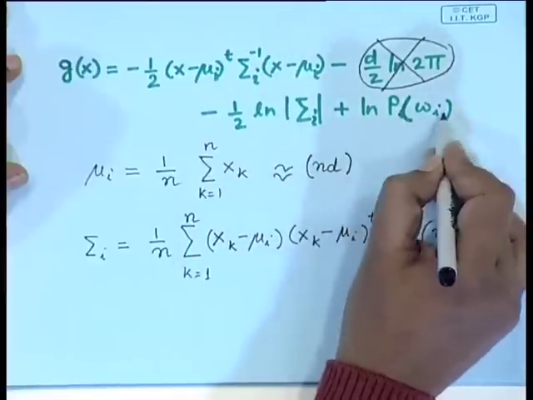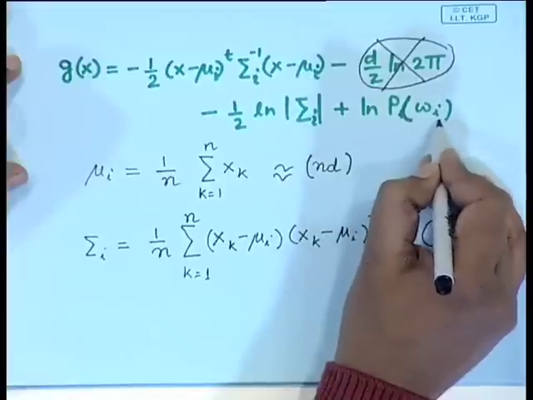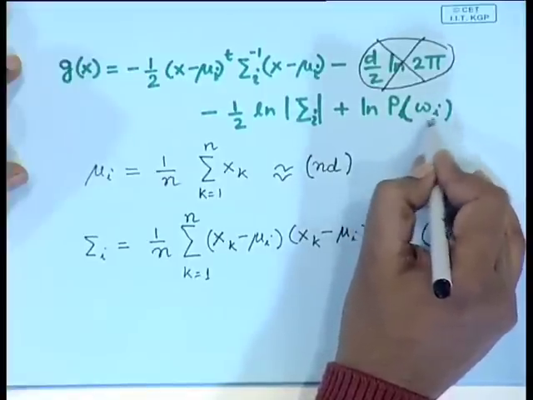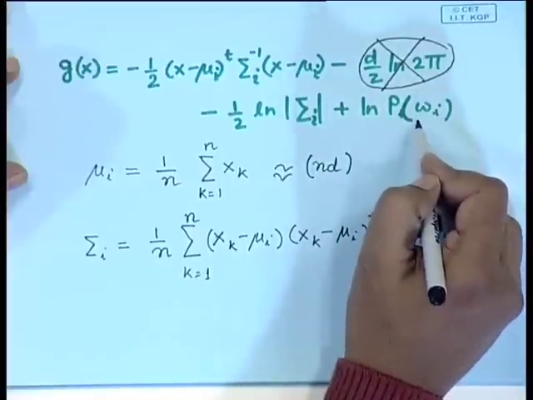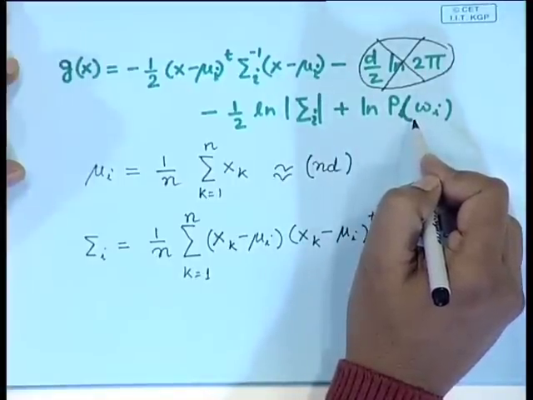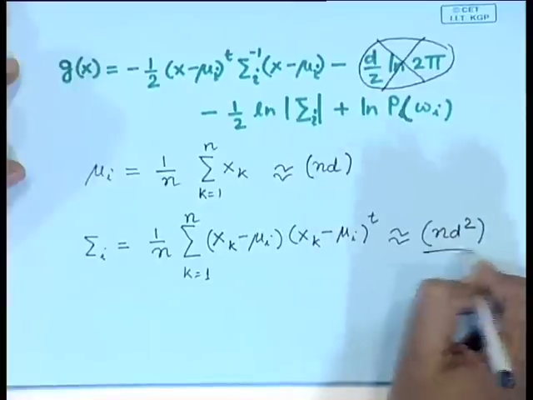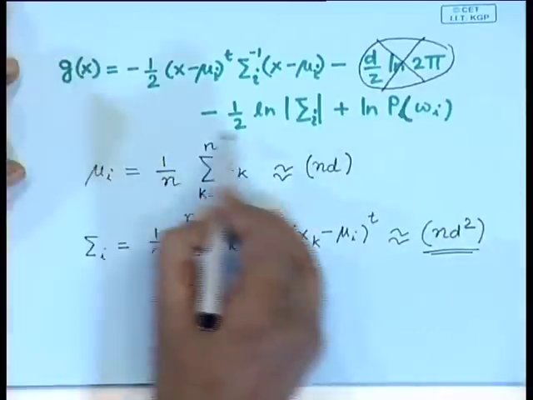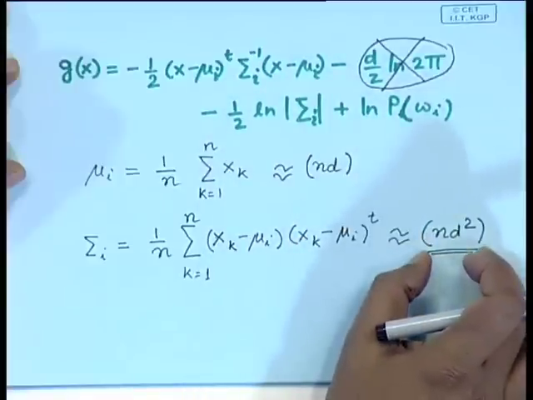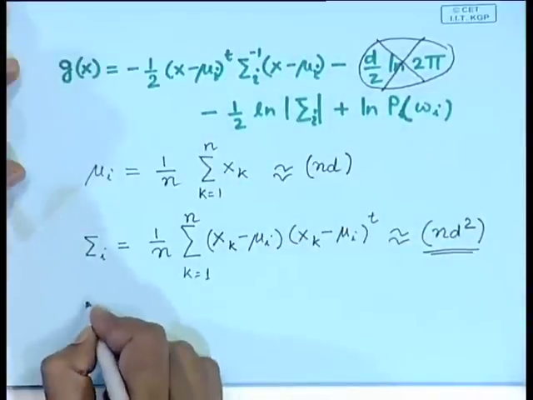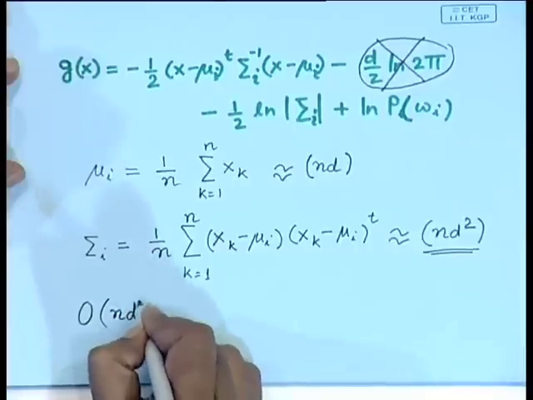The term for omega I is not constant; it depends upon the value of n, because I have to take n samples into account, so its complexity is n. Overall, the computational complexity of this discriminant function is dominated by the highest term, so the overall complexity is of order n into d square.